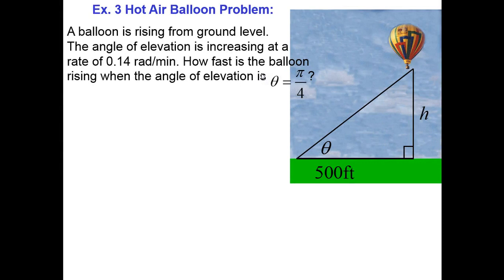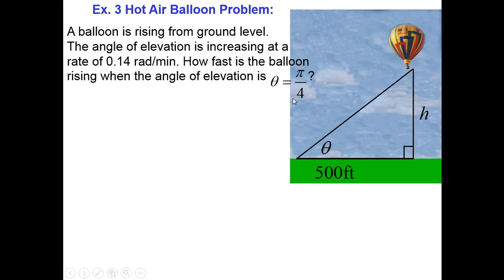One more example. A balloon is rising from ground level. The angle of elevation is increasing at a rate of 0.04 radians per minute. How fast is the balloon rising when the angle of elevation is pi/4? They gave us a picture here to use.